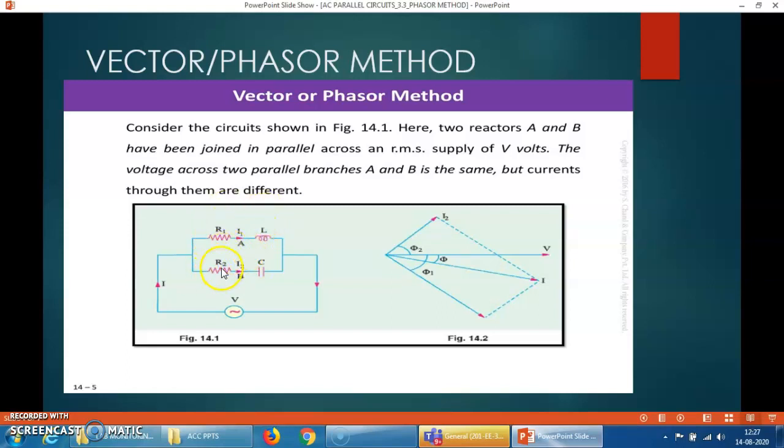In the second branch there is a resistor and a capacitor, so Z2 is equal to R2 minus jXC. For a capacitor, capacitive reactance is there, so Z2 is equal to the root of R2 square plus XC square. In the next slide I will show you.